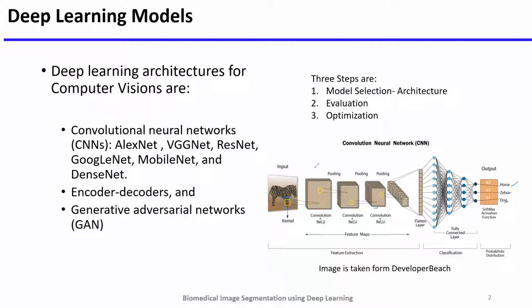So with multiple layers of operations using convolution, using pooling, and repeating this process on different layers, this model is able to get the important features of an image, which further help classify that image as a horse, a zebra, or a dog.